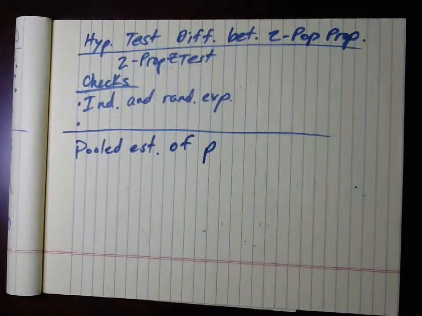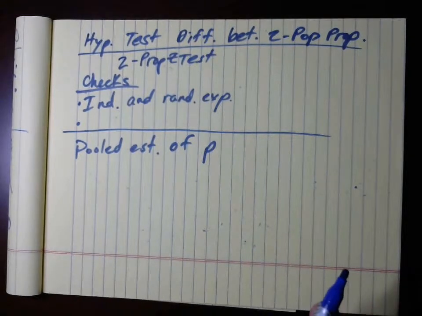So first off, if you look back at chapter 10 when we're doing proportions, we're using the p in the denominator of the standard error part of the test statistic. And you'll notice in chapter 11 that we're unable to use an estimate of what p is, because we're taking the difference. We have no estimate of each of the p's.